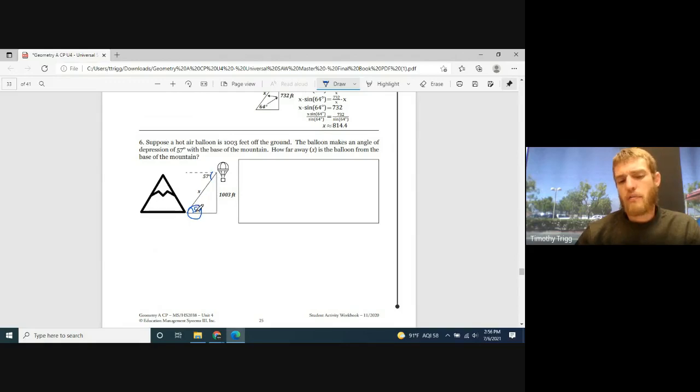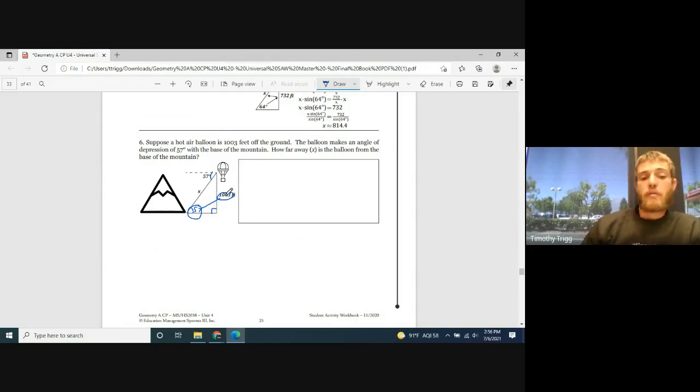So that's how I know this is 57 here. Now, if I know this is 57, this 1,003 feet, is this opposite, or adjacent, or the hypotenuse? Well, hopefully you can see that that's the opposite leg, right? And the x in this case, if this is the 90, then this is the hypotenuse.